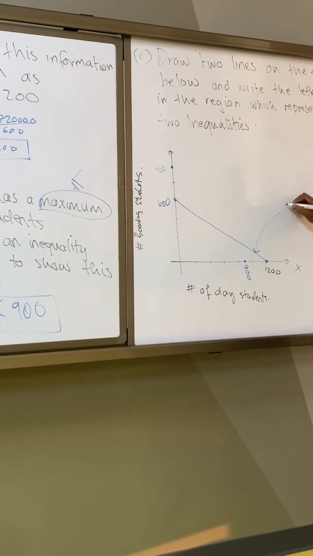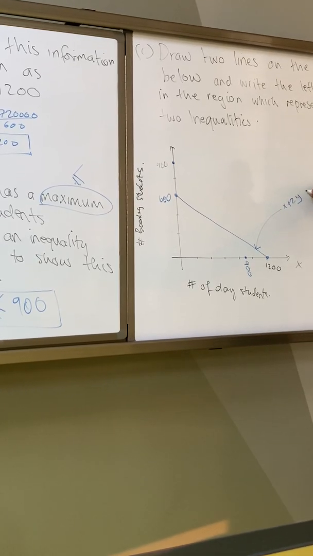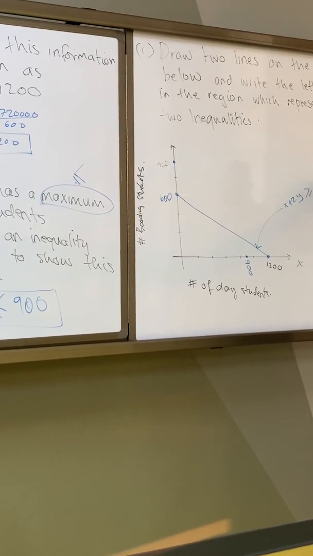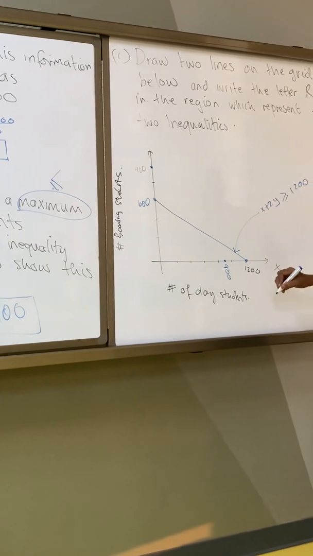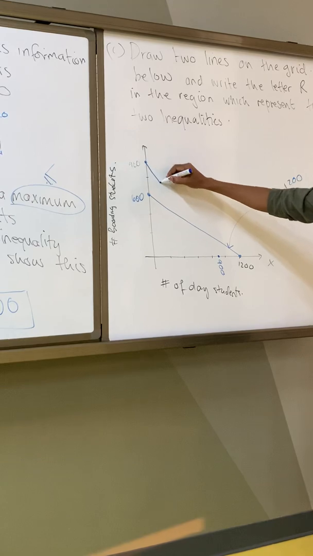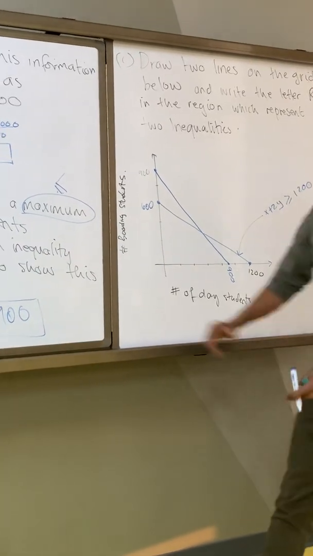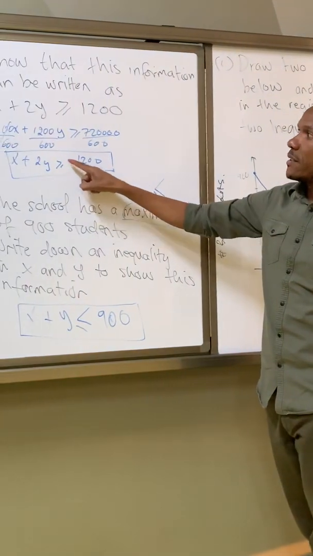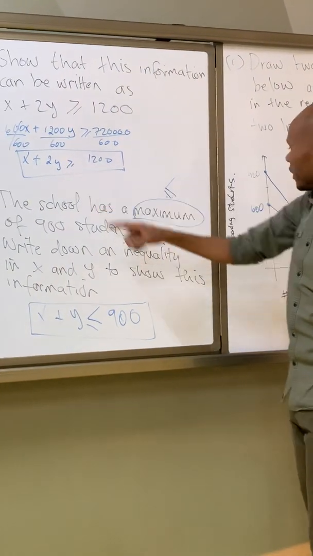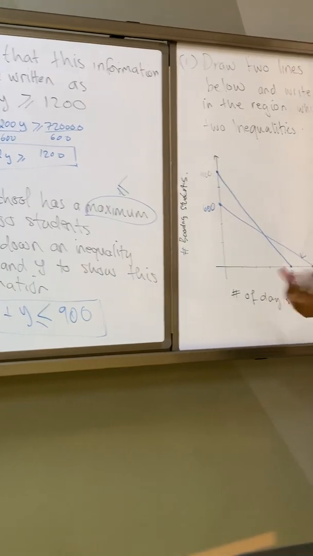So that would be x plus 2y equals 1,200, and the second one x plus y equals 900. Remember, if it's greater or equal to, it's solid, so that's why both of them are solid.